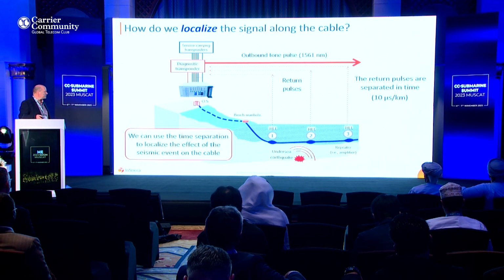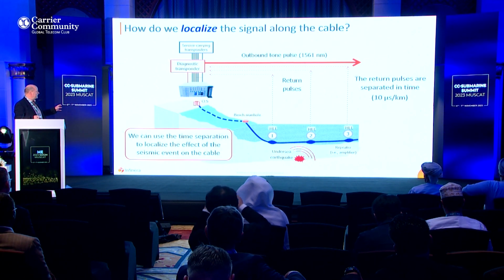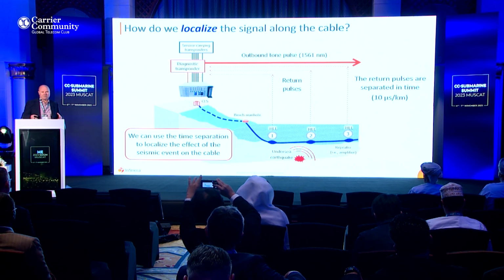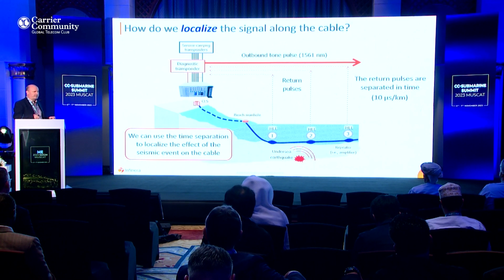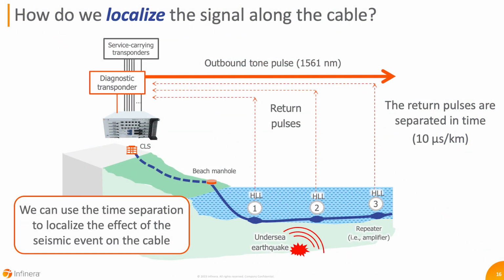So for this setup, you need really specialized equipment. You will need your standard telecom equipment, transponders for your own communication purposes, but then you will also need a diagnostics transponder. So you need a whole separate suite of equipment that will do the actual sensing and monitoring.